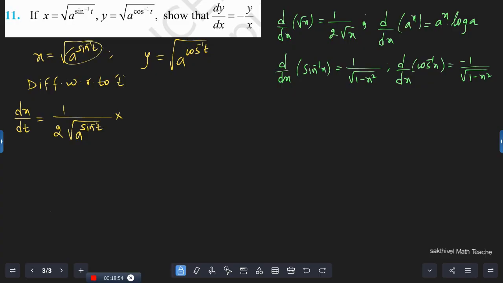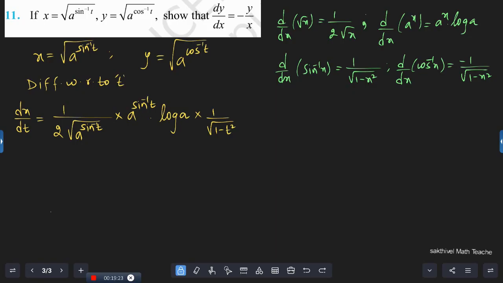Now inside, a power sin inverse t, using the formula for a power x, is a power sin inverse t into log a. Now the derivative of sin inverse is 1 divided by square root of 1 minus t square. Till this point you have to do it carefully, step by step.